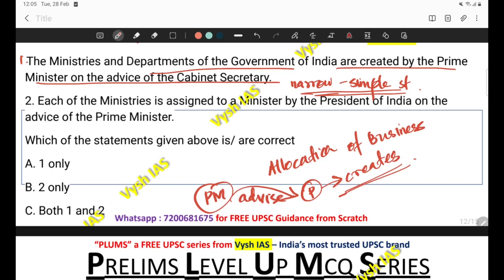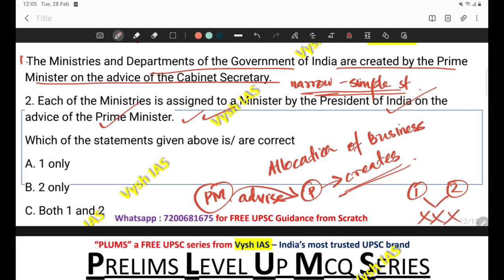Then the second statement: each of the ministries is assigned to a minister by the President of India on the advice of the Prime Minister. This is a correct statement. If you have to go with elimination in this question, look at the first and second statements. They are contradictory, so both can't be correct.